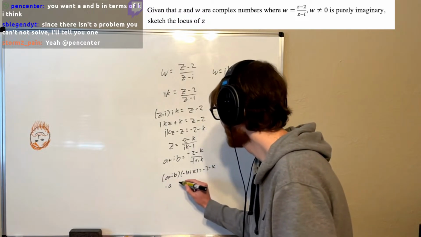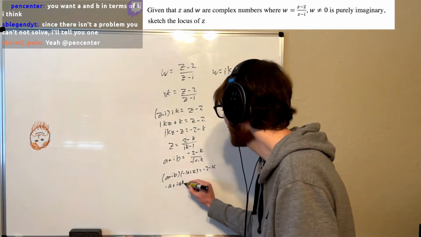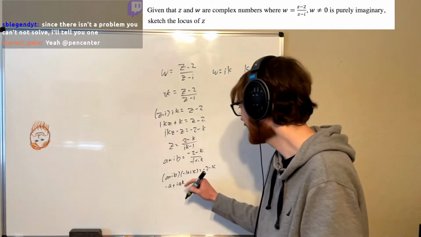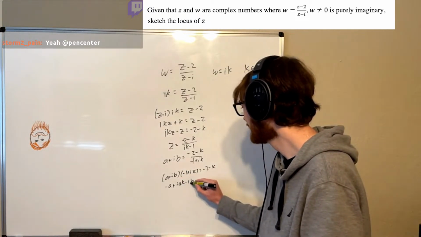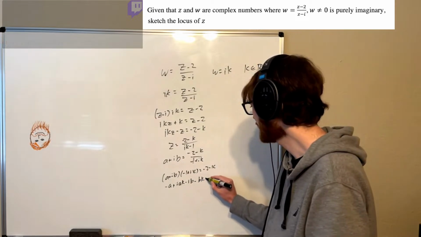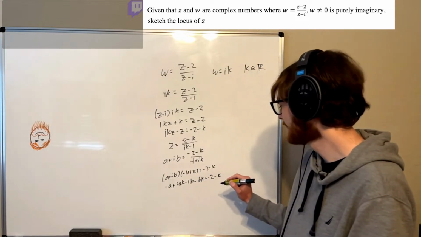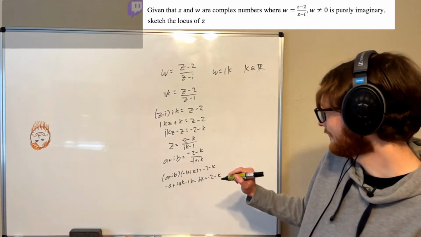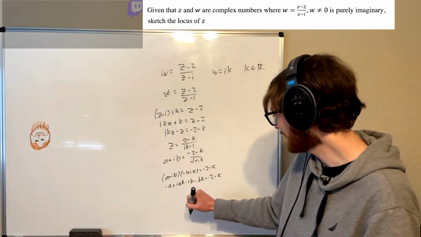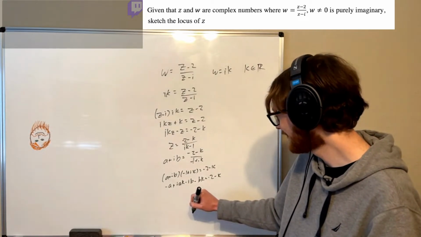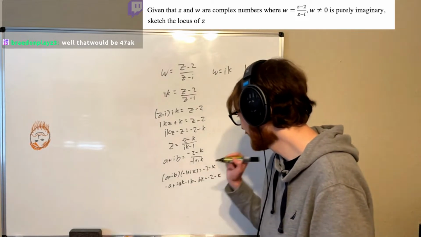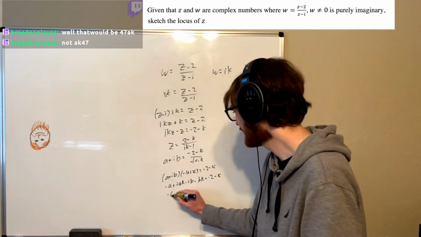Minus a plus iak. Oh man, dude, if we can get AK-47, that'd be really funny. bk equals minus 2 minus k. Do we want to bring these into the mix over here, or... I don't know.